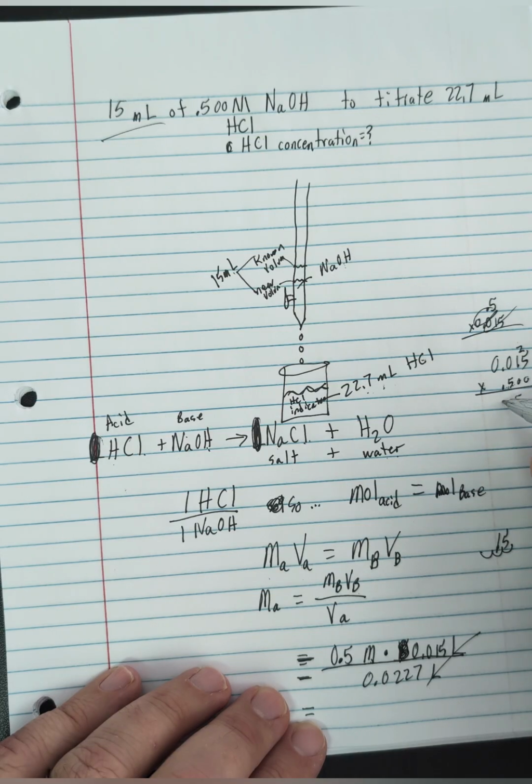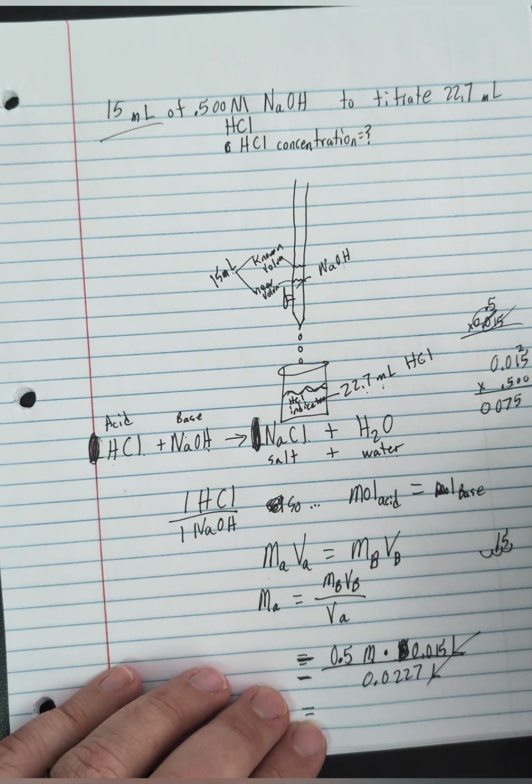That's 5, 6, 7, and that would be 0, and that would be 0. And then we would have 3 decimal places. So it'd be 0.075. And we're going to divide that. You know what? I need a calculator.